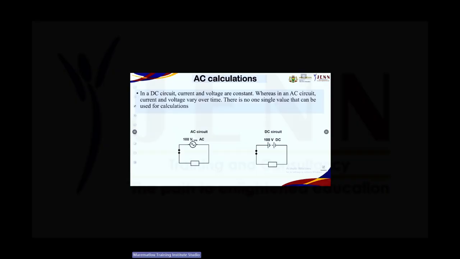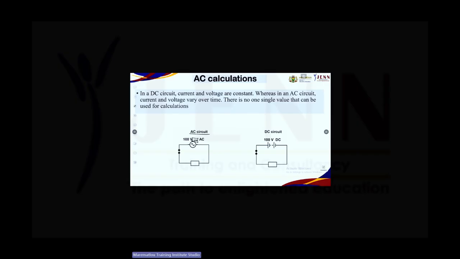Now, grade 12s, because of the fact that we can generate it at a very high voltage, minimum and maximum, when we are supplied with a certain amount of current, because we're getting alternating current to our homes, we are working with something called root mean square. So here you will see RMS.